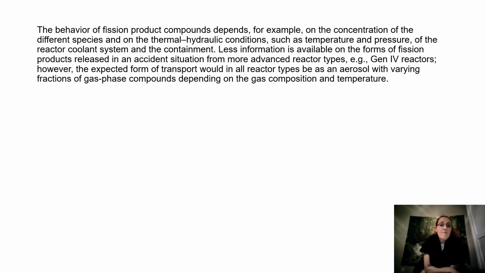Less information is available on the forms of fission products released in an accident situation for more advanced reactor types, for example, Generation 4 reactors. However, the expected form of transport would in all reactor types be as an aerosol with varying fraction of gas phase compounds depending on the gas composition and temperature.